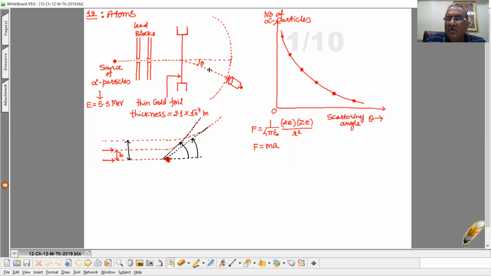That is called the angle of scattering. So here they calculated the number of alpha particles scattered at different angles of scattering, and then they plotted the graph of the number of alpha particles scattered at different angles of scattering.